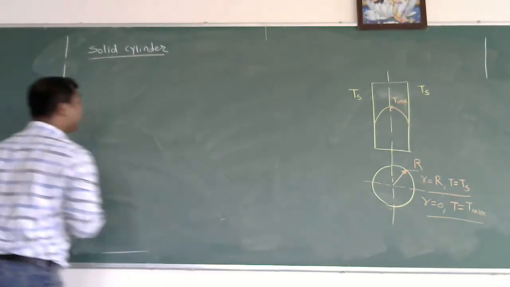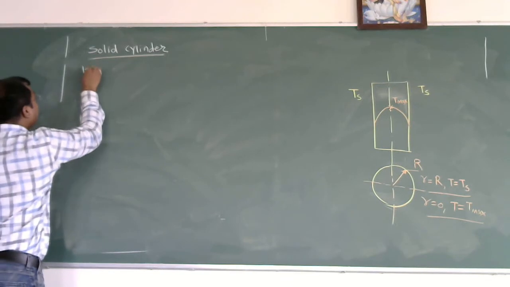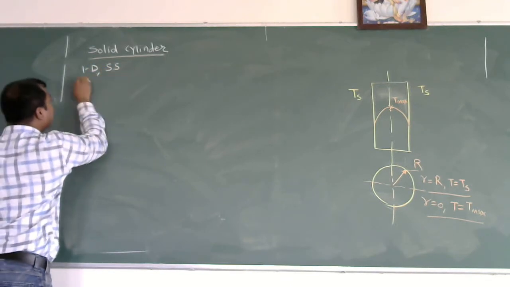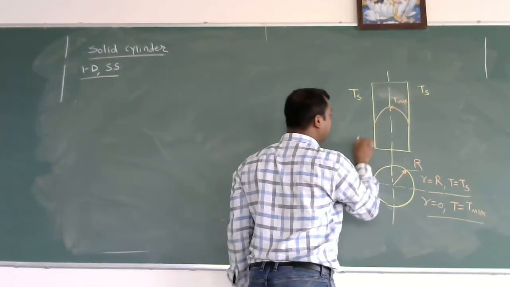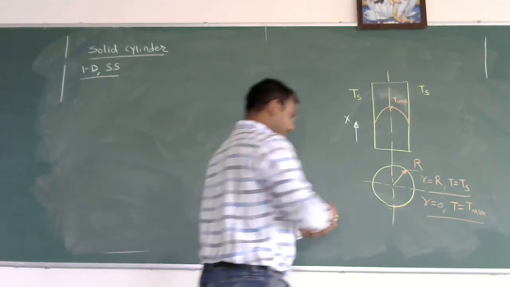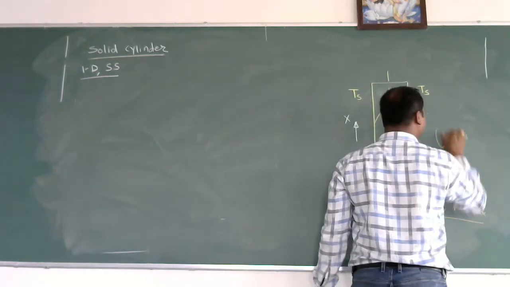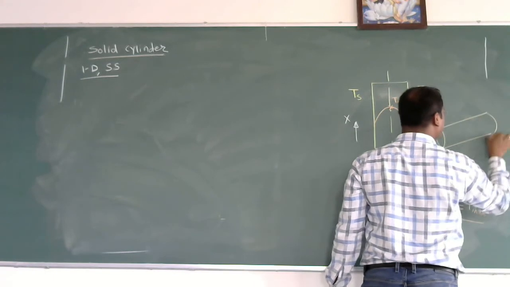Now in the solid cylinder, I can write again the one-dimensional steady state heat transfer analysis equation. I am interested in the radial direction. I am not interested in the axial direction. The cylinder will be something like this.